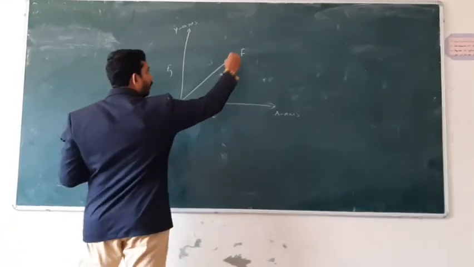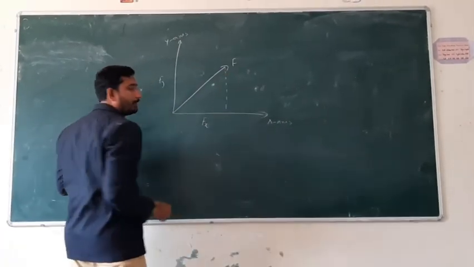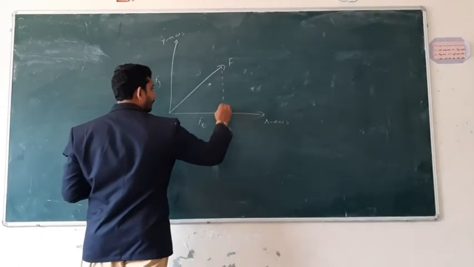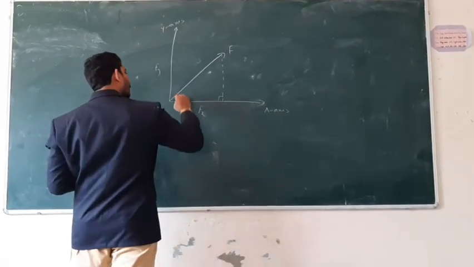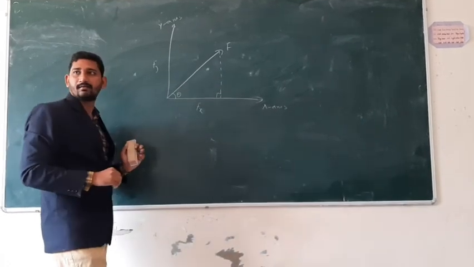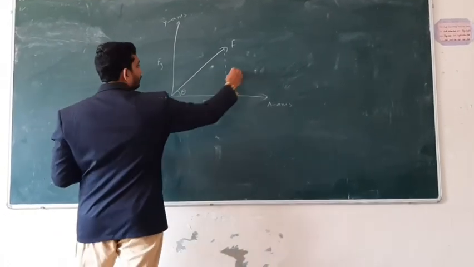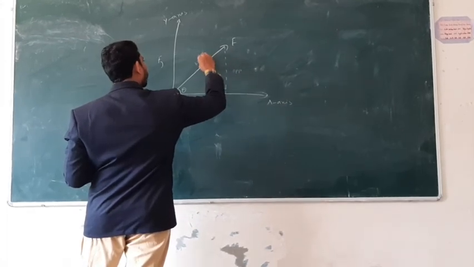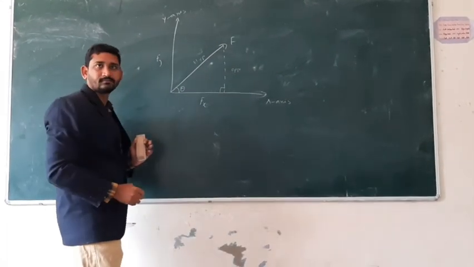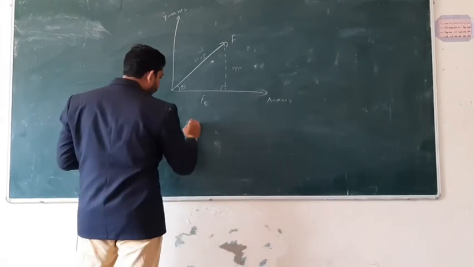Now draw a perpendicular line. Make it a right angle triangle. Theta is the angle. This is the opposite side. This is the hypotenuse. What is cos theta?